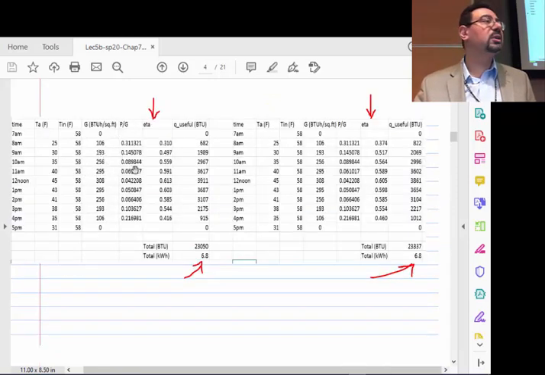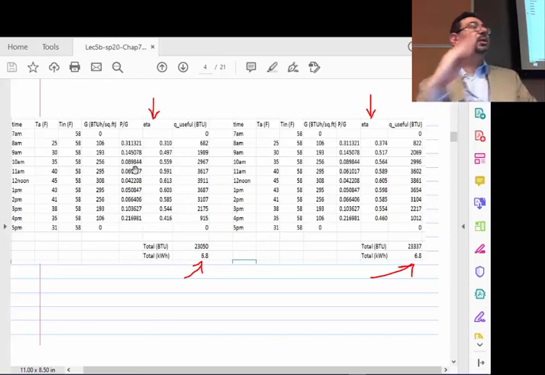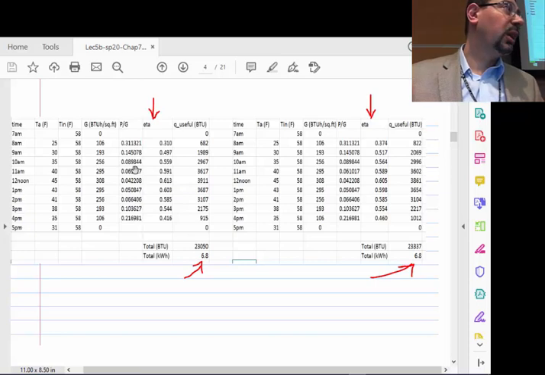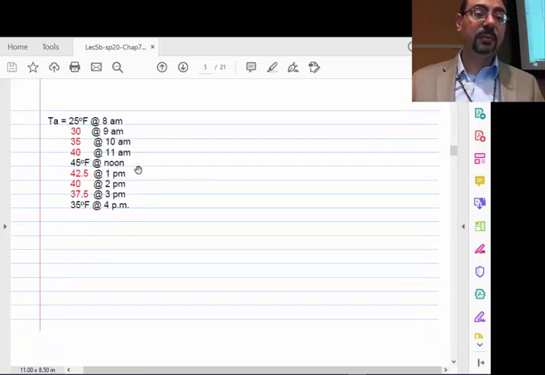So you get the radiation falling on that particular roof. Okay? You got that? Right?